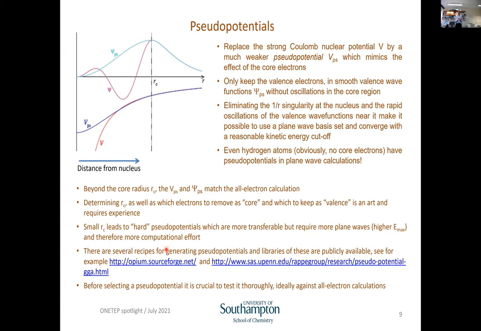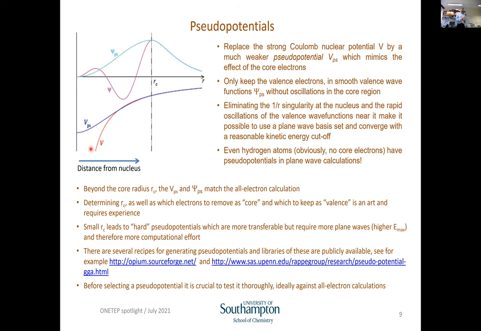Since it is a plane wave basis set, we need to use pseudopotentials to describe the core electrons, as you do in all plane wave basis set calculations, because close to the core, the whole electron wave functions have sharp oscillations, and the nuclear potential has a singularity. These things cannot be described with a plane wave basis set.